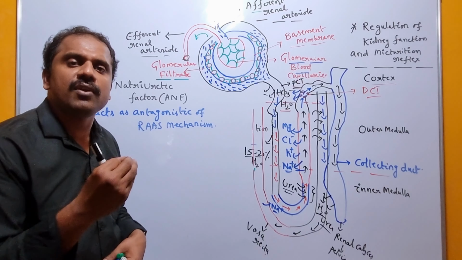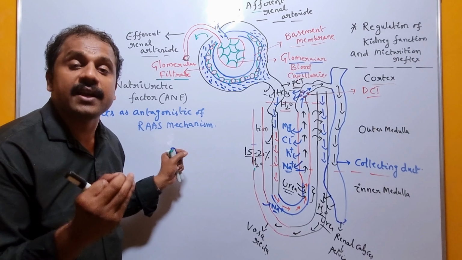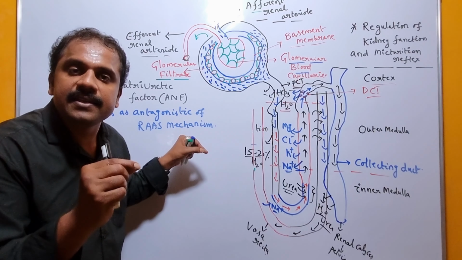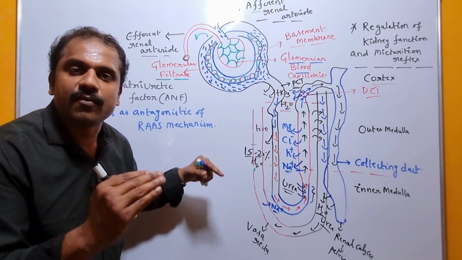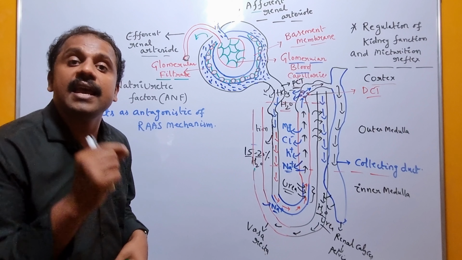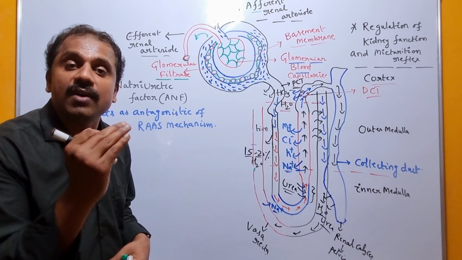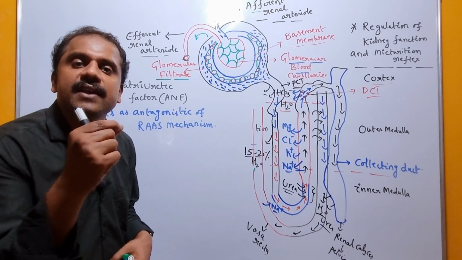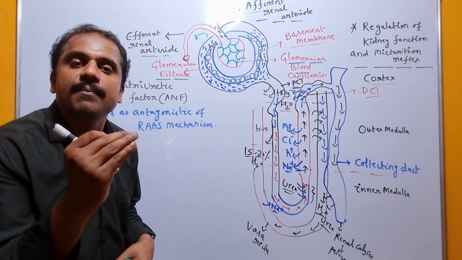In order to overcome the very high blood pressure, the atrial natriuretic factor is responsible for suppressing the RAS mechanism. In the presence of atrial natriuretic factor, the sodium ions as well as the water, instead of undergoing reabsorption from the distal convoluted tubule, undergo secretion. Once the sodium ions and the water undergo secretion instead of reabsorption, the atrial natriuretic factor is responsible for lowering the blood pressure.